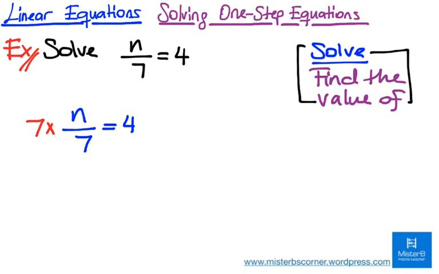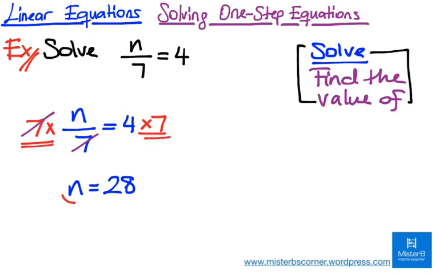So we multiply by 7 on this side to have those 7's cancel each other out, so that n will be alone. And then to keep the balance, I have to multiply the right-hand side by 7 too. So it's going to be 4 times 7, which is 28.